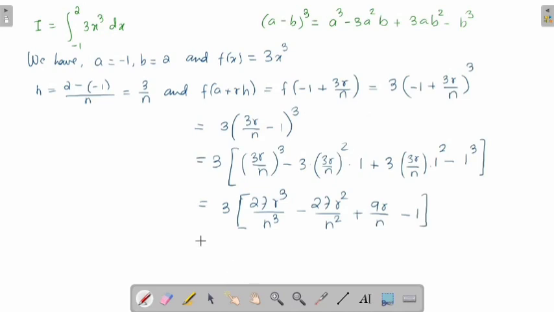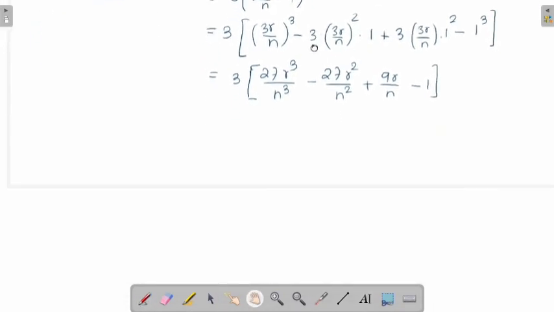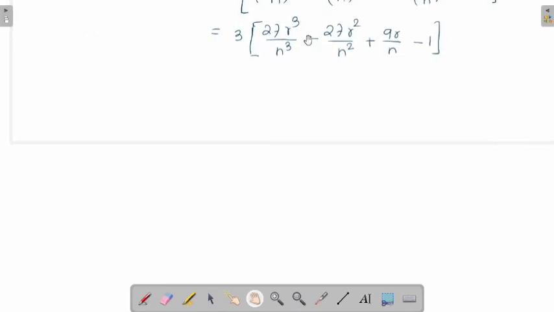I don't have space here, you may pause the video and note down till here quickly. Alright, so let's move a bit. Remember this is your f of (a plus rh).